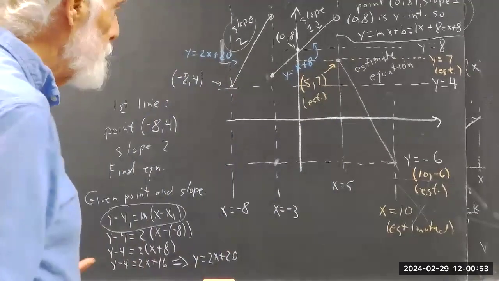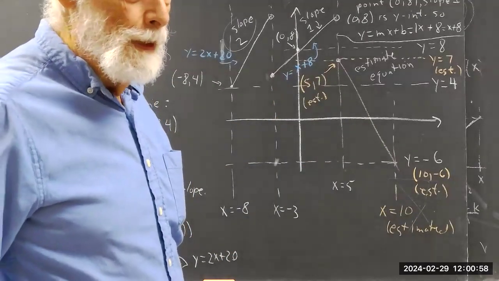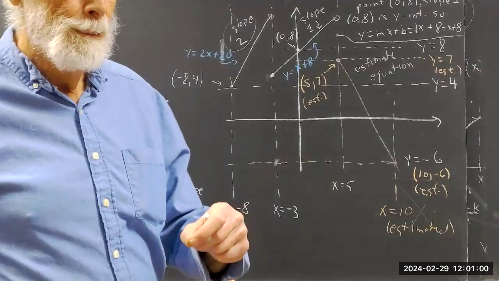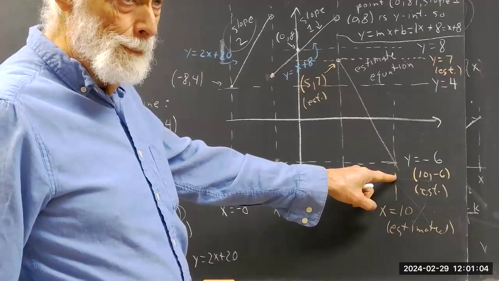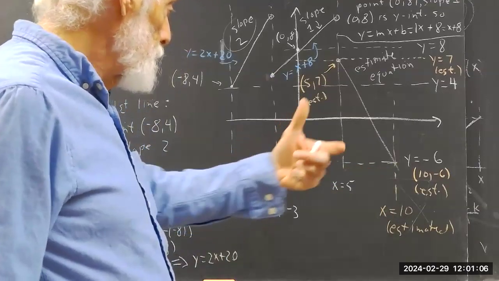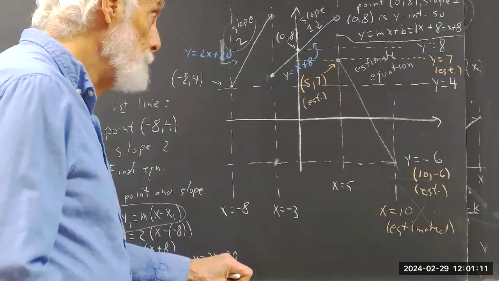Now, how am I going to find the equation of the line? If I had the slope, since I've got 2 points, I could use either one of these points to get the equation using the point slope form.